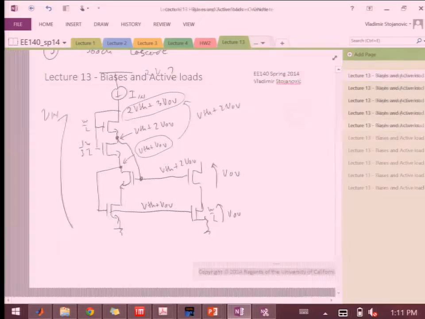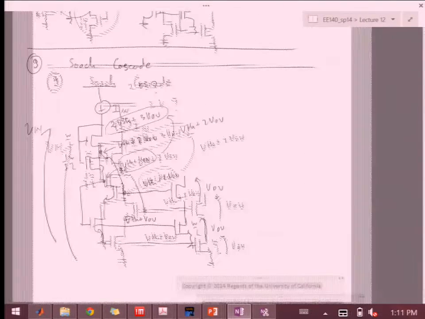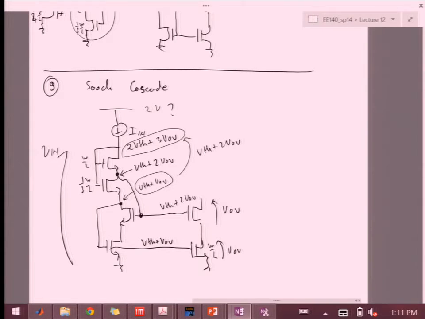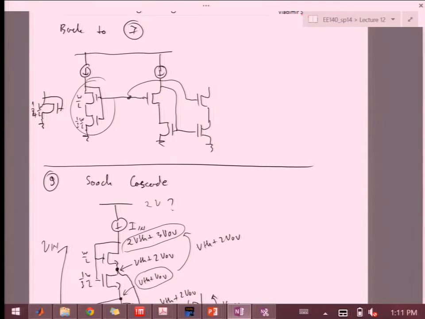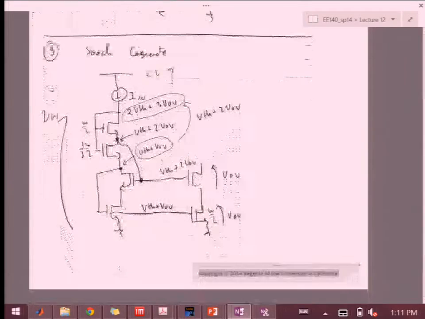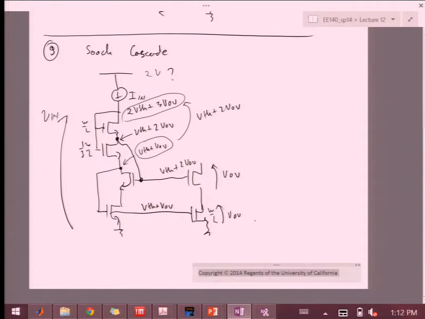Last time, just as a refresher, we left it at the Sooch cascode, which was a nice way to go from two bias sources, currents that were needed in this low swing cascode, and maintain the primary property, which was the low overdrive or the low headroom consumed by the output cascode stage, yet only use one current mirror and this triode device to give us these intermediate bias voltages that are incremented by VOV.